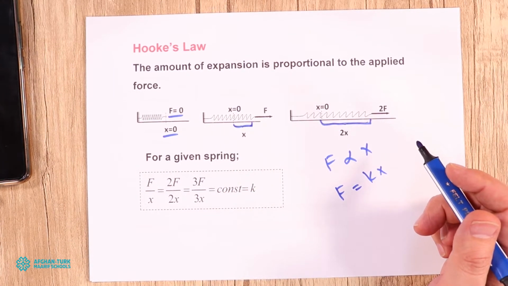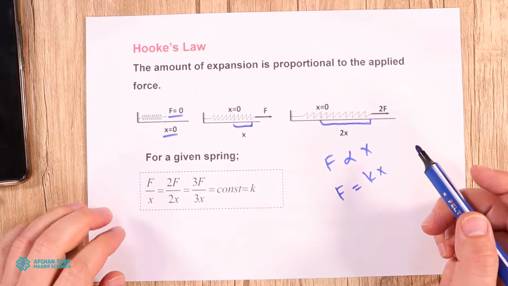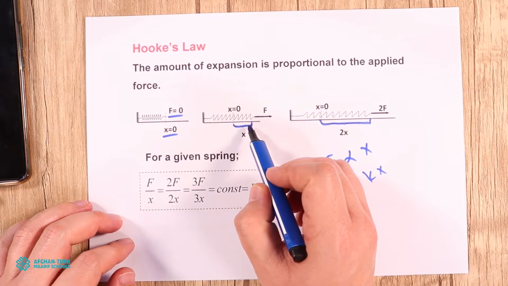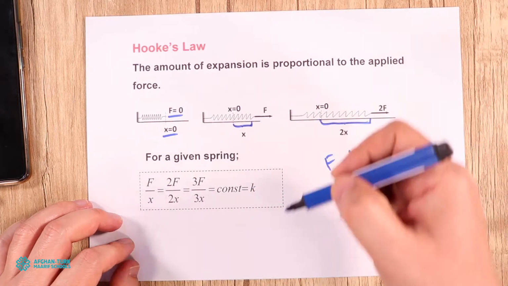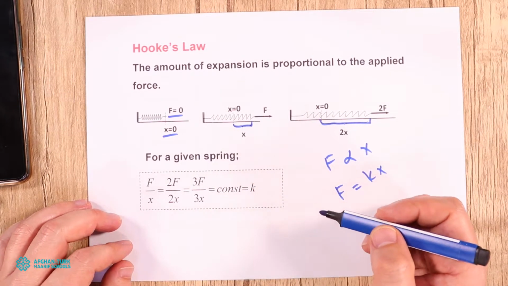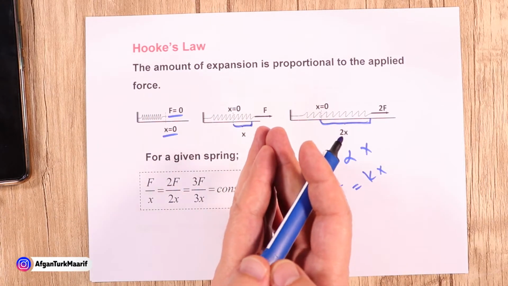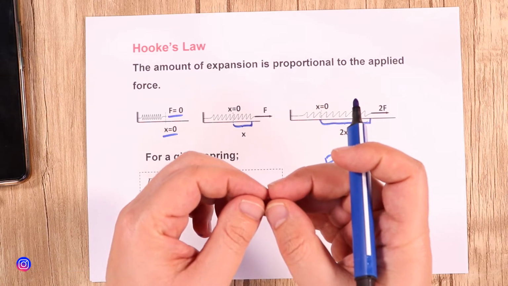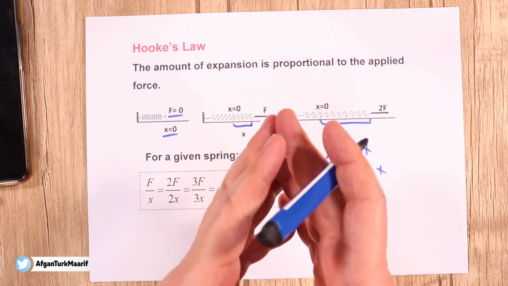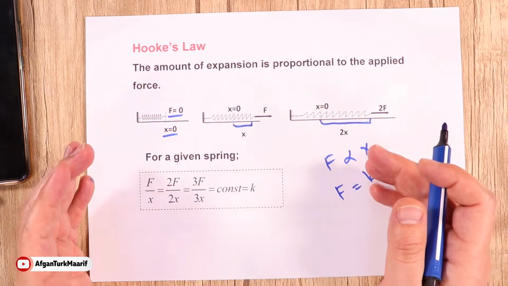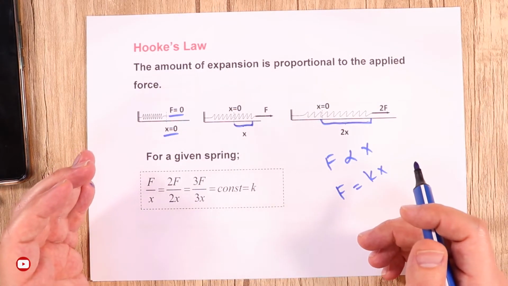If we increase the force, the displacement covered by the spring also increases, but only under the elastic limit. It means if we apply much more force on the spring, the spring will no longer behave like a spring.